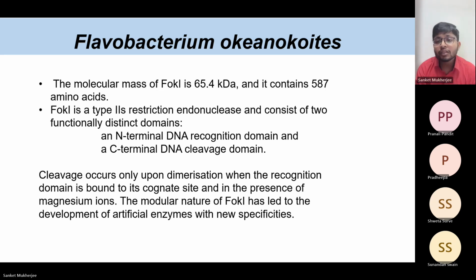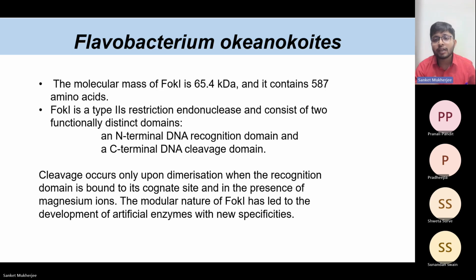Because of this modular nature, that there is a separate restriction domain and a separate recognition domain, we can develop enzymes based on our own specificity. Let's say I want an enzyme which cuts 9 to 13 base pairs away from some other recognition site apart from what we have in FOC1.